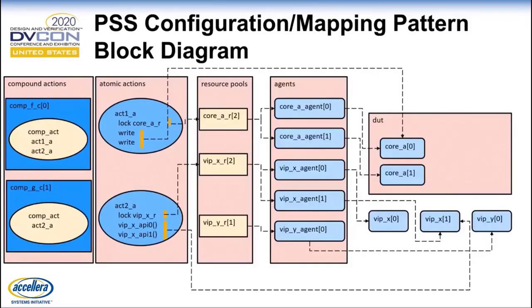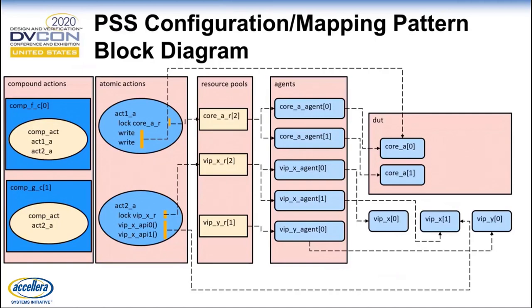So this is a pattern which I call PSS configuration mapping pattern block diagram. The block diagram here is just to illustrate how this configuration and mapping is done. And the committee at some point of time would like to standardize on this approach so that all tools support the same pattern. Now, a pattern is one way of doing something. It's a recommended way. It doesn't mean you have to follow this pattern.